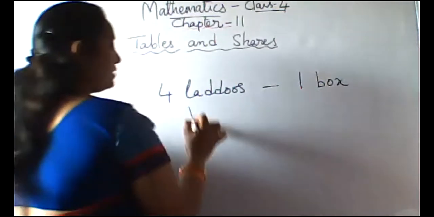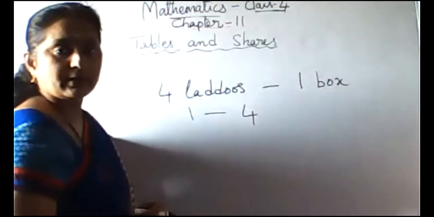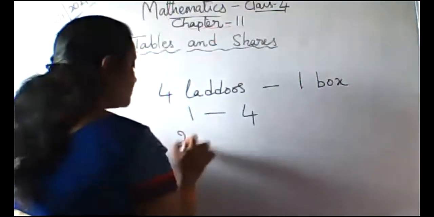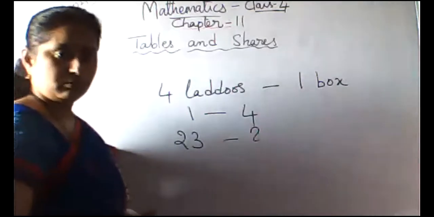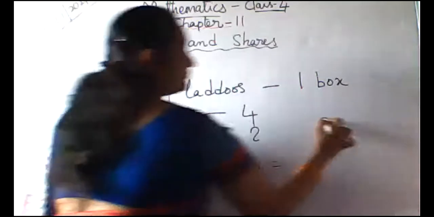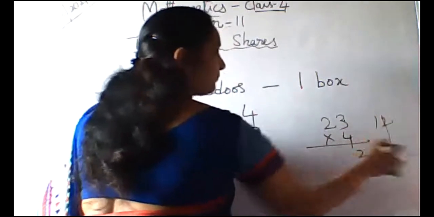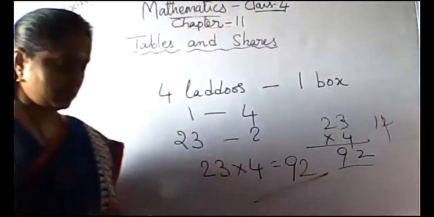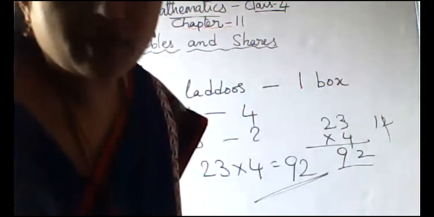How many boxes does she need? She needs 23 boxes. So in total how many laddus do we need to pack? So 23 into 4 we need to do. 4 3s are 12, 8, 9. So 92 laddus.